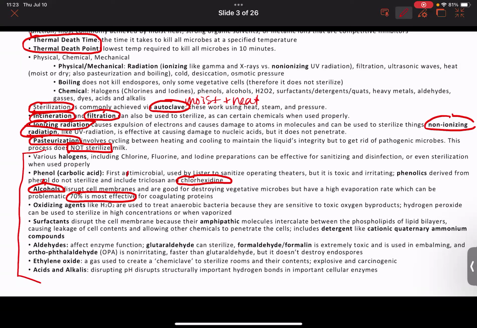If we're talking about the difference between isopropyl alcohol versus ethyl alcohol, isopropyl alcohol is more effective. Ethyl alcohol is better for your skin. So isopropyl alcohol will dry out your skin more over time, which is why during COVID, we saw a huge shift in most of our hand sanitizers from isopropyl alcohol to ethyl alcohol, because people were using it so much that they started having their skin dry out on their hands.